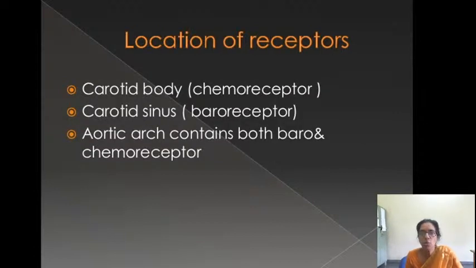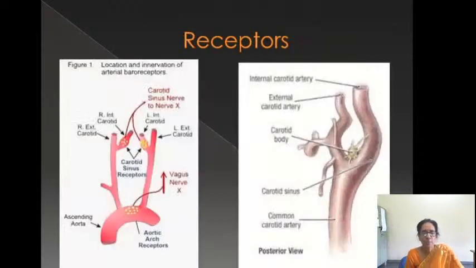Baroreceptors are present in the carotid sinus and the aortic arch. Here I am showing those. These are the aortic arch receptors, and these are your carotid sinus receptors.